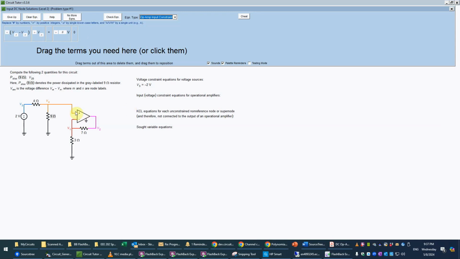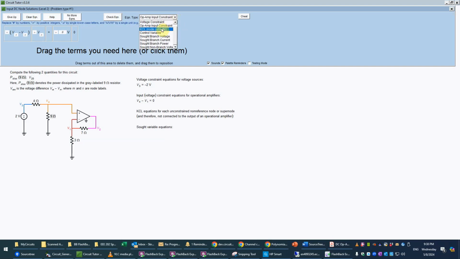So basically that just says that V4 and V1 are the same. And you could write that equation various ways. Let's say maybe just V4 minus V1 is equal to 0 is one way of writing it, or any other algebraically equivalent way. So we'll check that, and that is correct.